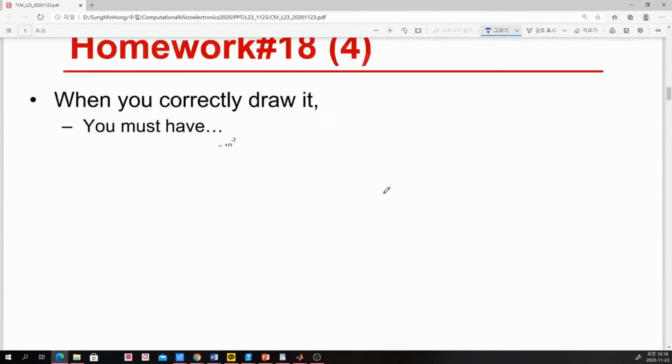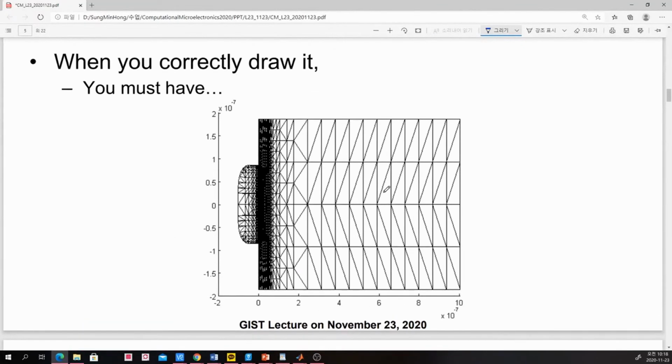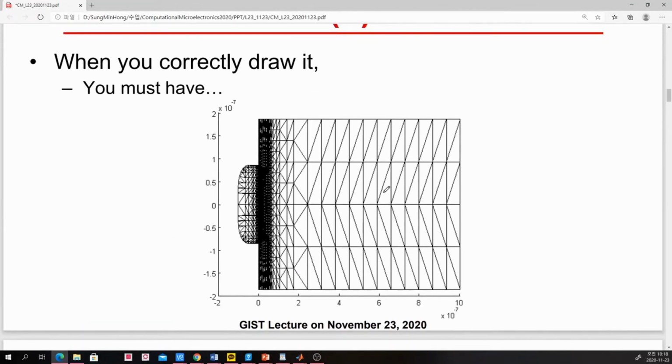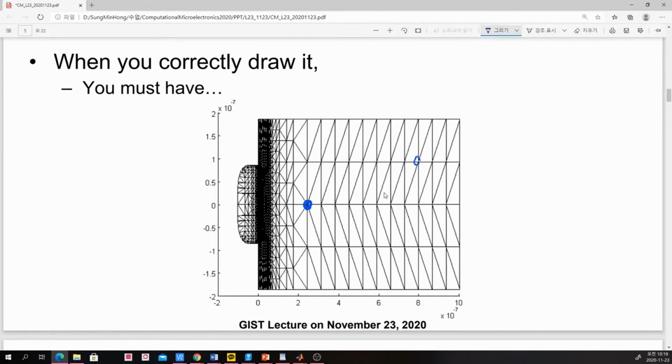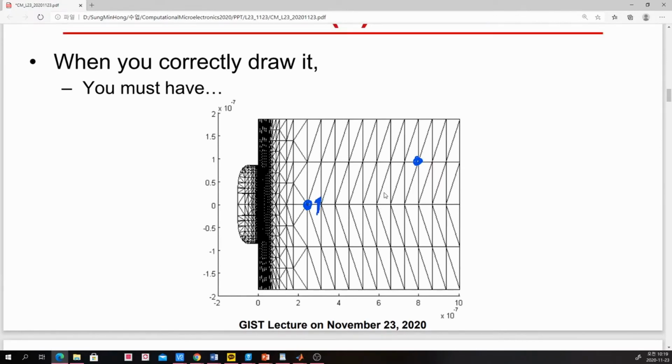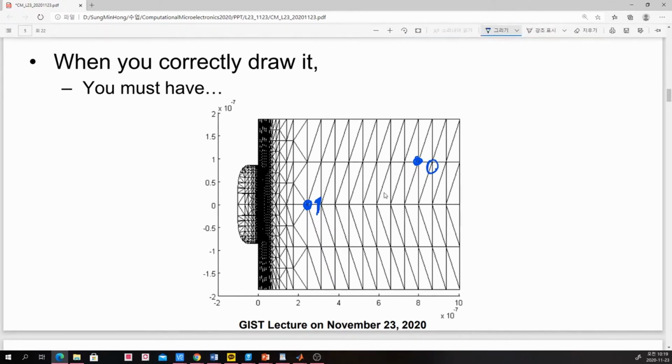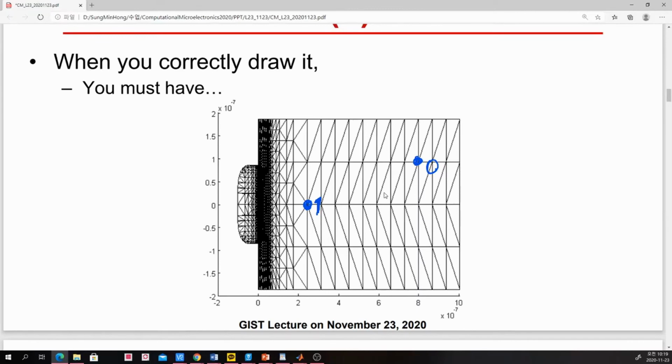So for example, let's go to our domain. You will have this domain. Then specify any number for your 2 points. For example, you select this point and this point for your 1 and 0. Then you will have number 1 for your solution phi and number 0 for your solution phi, because you have specified that way.